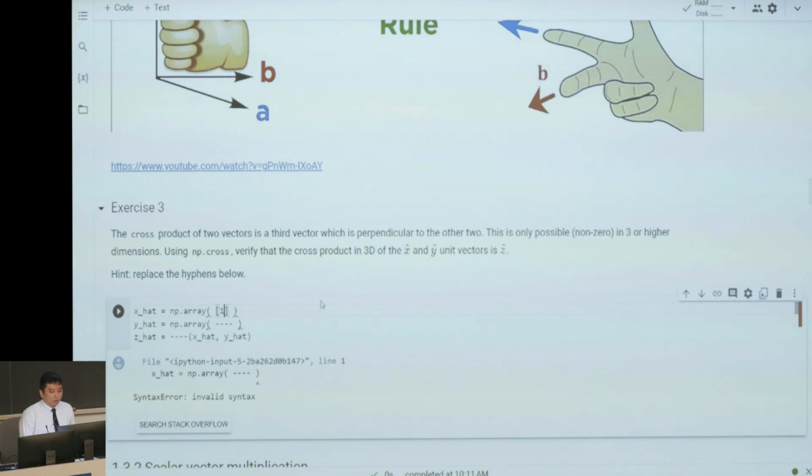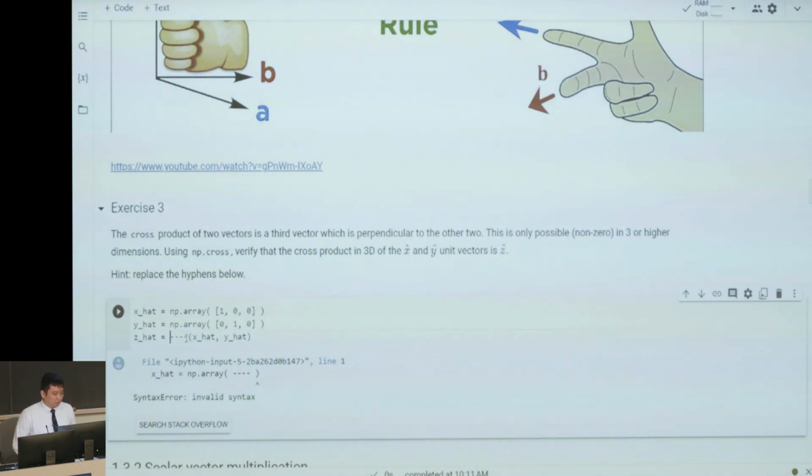So just as before, the x hat unit vector is 1, 0, 0, right? Because it has unit magnitude and it only points in the x direction, the first entry. And then the second entry corresponds to the y direction.